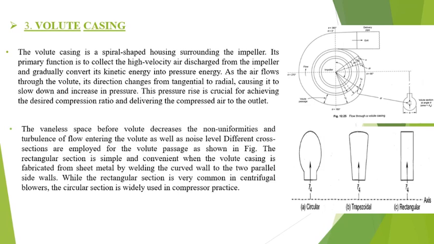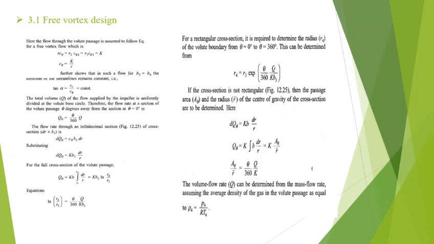This pressure rise is crucial for achieving the desired compression ratio and delivering the compressed air to the outlet. Here, the vaneless space before the volute decreases the non-uniformities and turbulence of flow entering the volute, as well as the noise level. Different cross-sectional areas are possible: rectangular, triangular, or others.